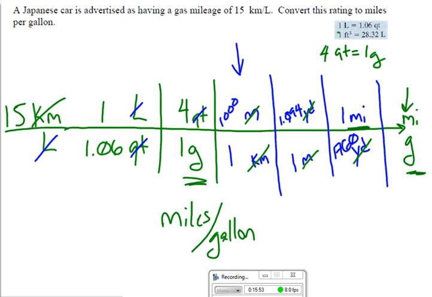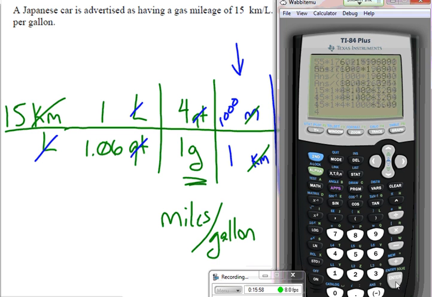All I got to do is multiply everything across the top and divide by everything across the bottom. So that's everything on the top. Divide by everything across the bottom: 1.06 times 1 times 1 times 1760.